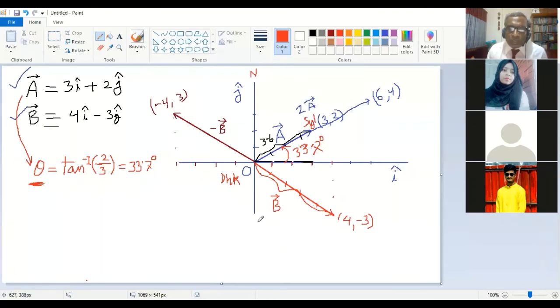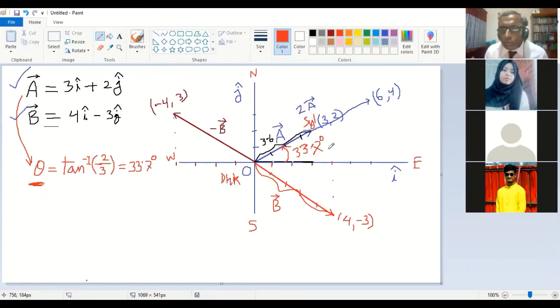And the lower one is south, right? And the right one is what? East, right? And the left one is west. So you will say this is the east line on the map, and if you use 33.7 degree, then you will go to Sylhet from Dhaka. So that is the understanding of the direction of a vector.